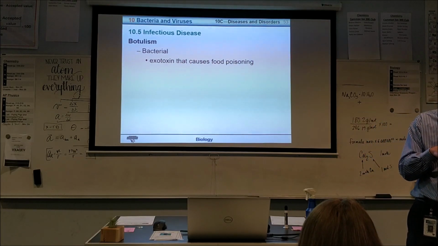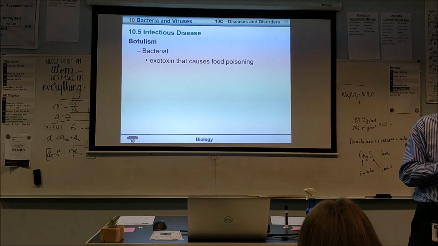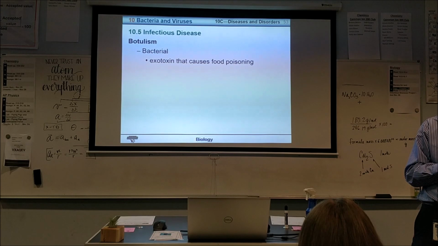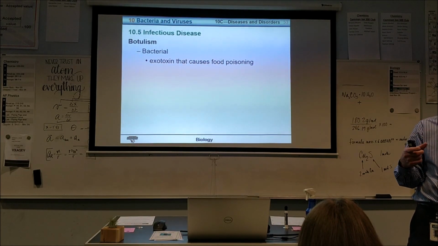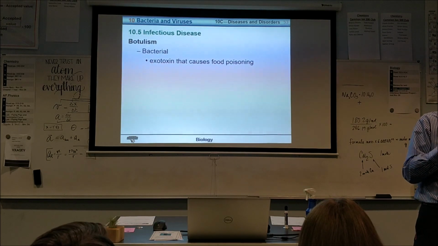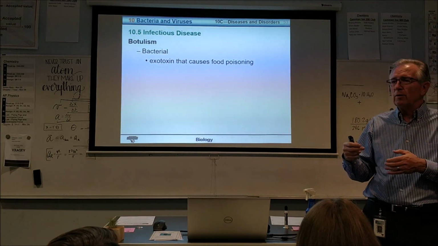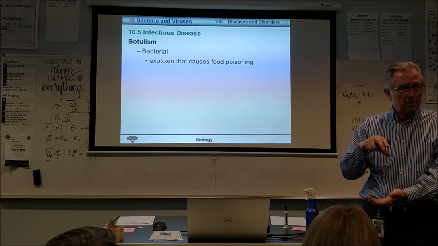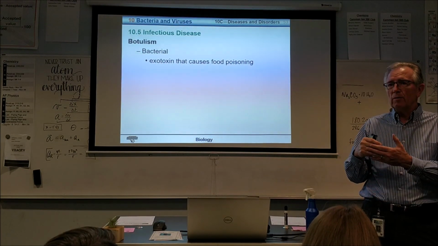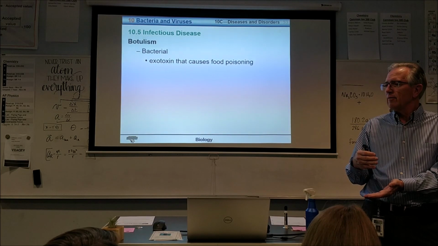So let's say you were going to can some vegetables: you would bring it up to a boil, and you'd boil it for so long so that any bacteria in the container of vegetables would die from the heat.